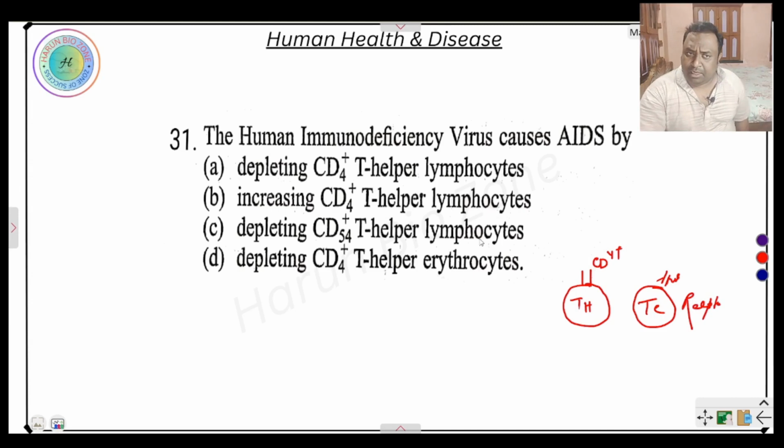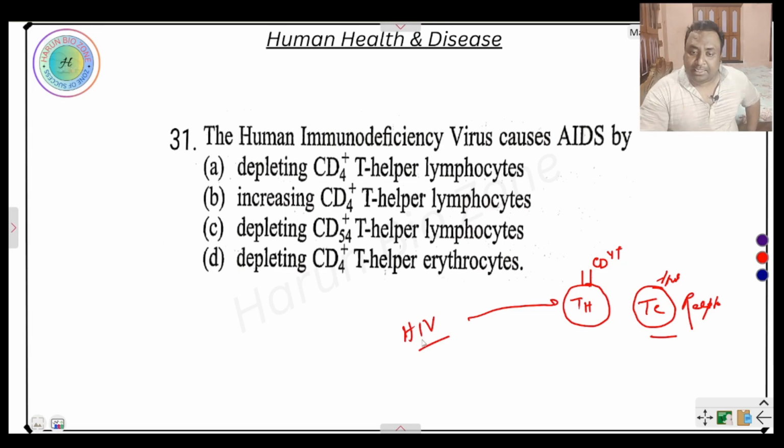So if the human immunodeficiency virus causes the depleting of CD4, actually the HIV virus directly infects the helper T cell, because the helper T cell stimulates the production of antibody from lymphocytes and also helps to stimulate the production of cytotoxic T cells.